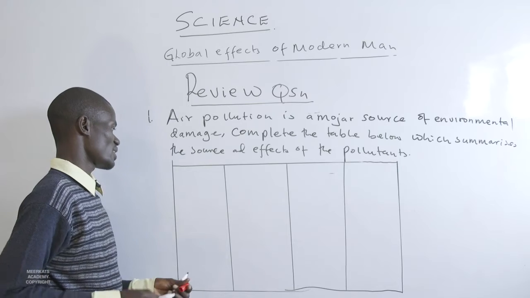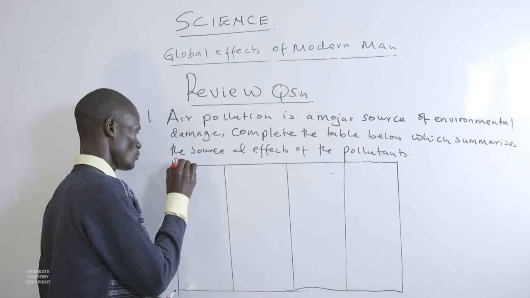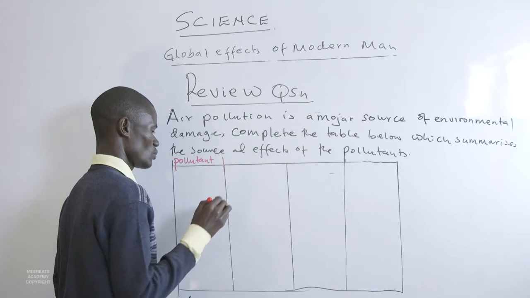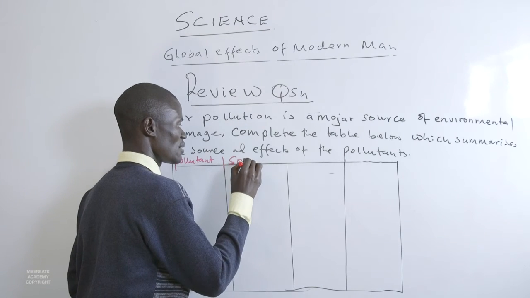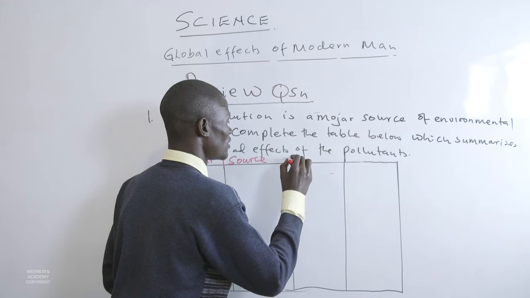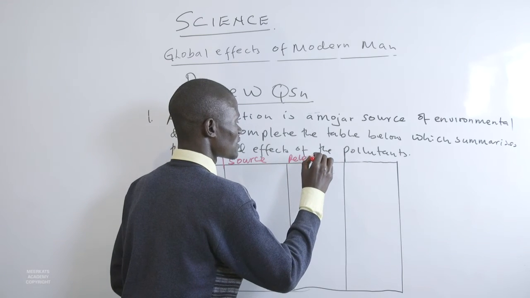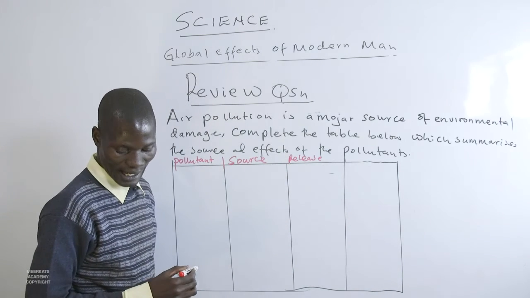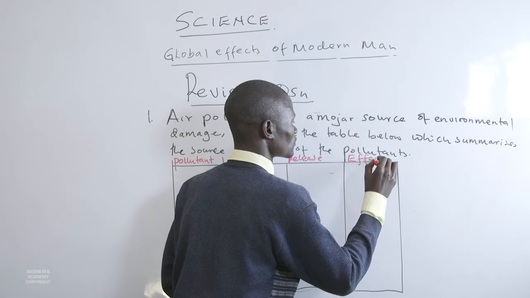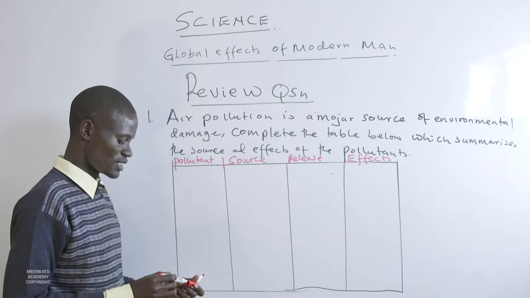Let's look at the pollutant here. Where is it coming from? The source of the pollutant, where is it released? And what are the effects of these pollutants?